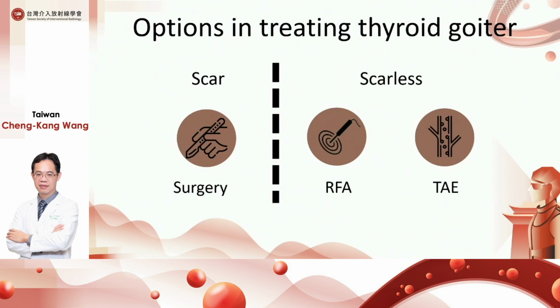In response to the risk, there has been a shift toward minimally invasive techniques, especially radiofrequency ablation. However, there is a challenge when facing a huge thyroid nodule goiter, and this is where transarterial embolization has emerged as a potential option.